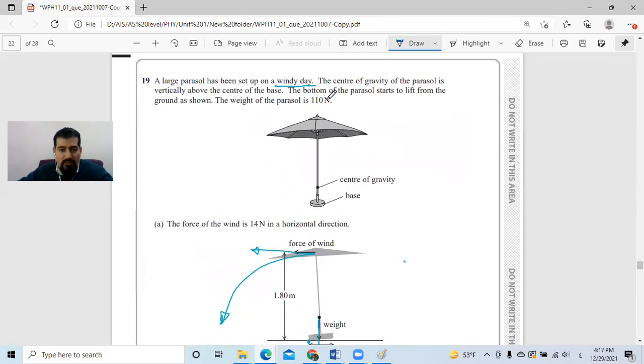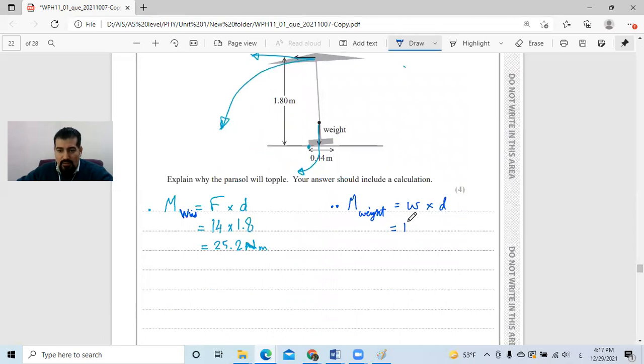The weight of it is 110, multiplied by 0.44 divided by 2, which is 0.22. So 110 multiplied by 0.22 is 24.2 Newton meter. This one acts anti-clockwise. This one acts clockwise.